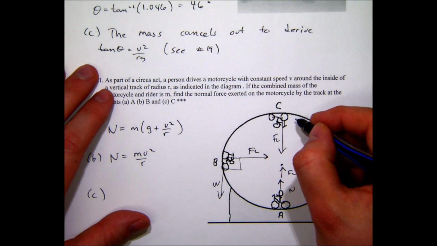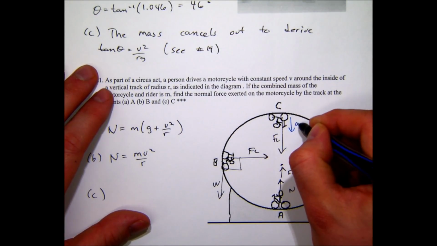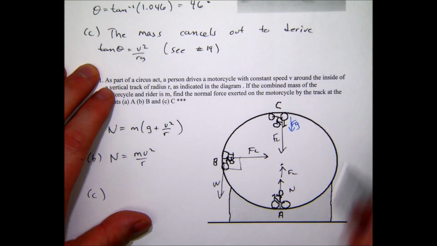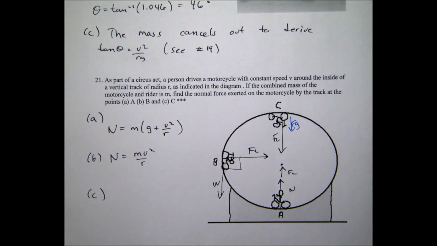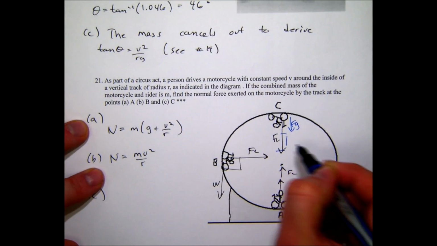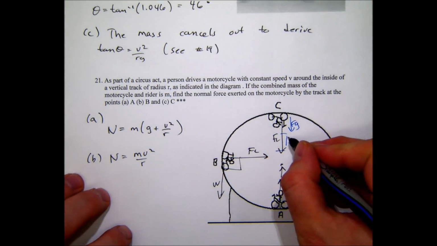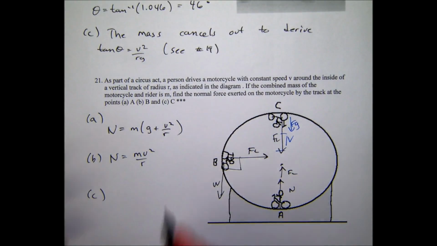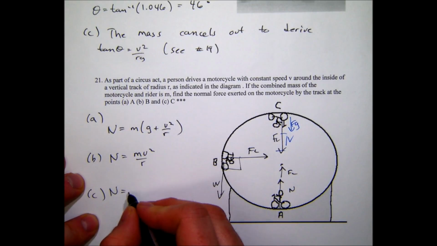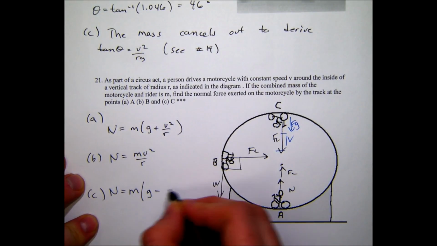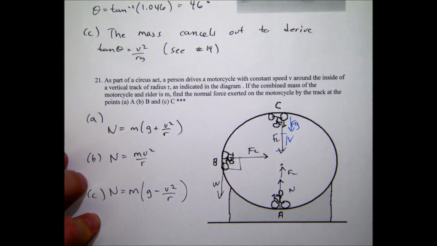However, gravity is providing a lot of that, so we can actually subtract that away, and we're only responsible for this much track pushing back. So in this case, we have normal force is equal to mass g minus v squared over r. And there are no variables actually given to us, so we just go with the expressions themselves.